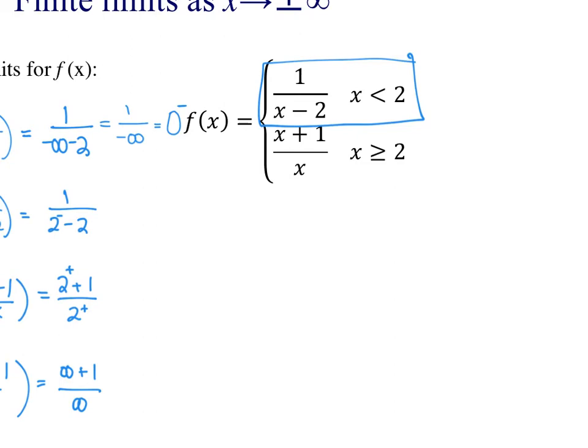Okay, not indeterminate. Okay, next. 1 over 2 minus 2 is 0 minus. That is not indeterminate either. That is 1 divided by the smallest number possible. Therefore, I get the largest number possible with a negative.